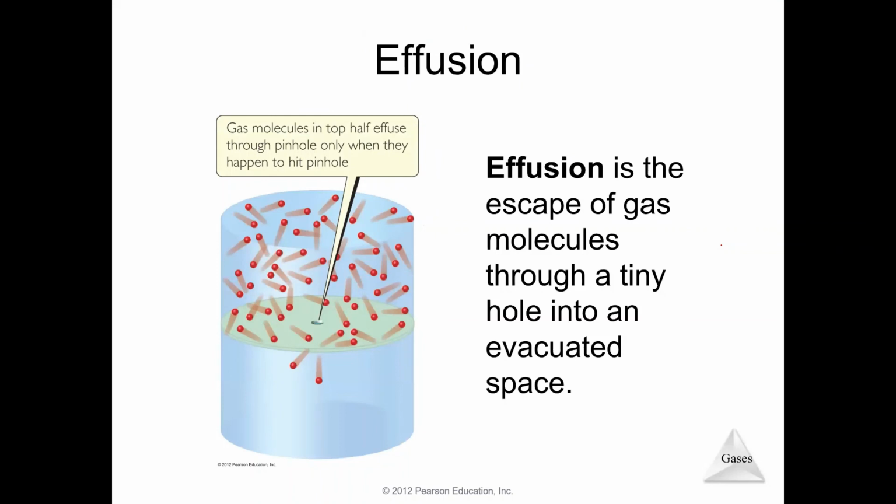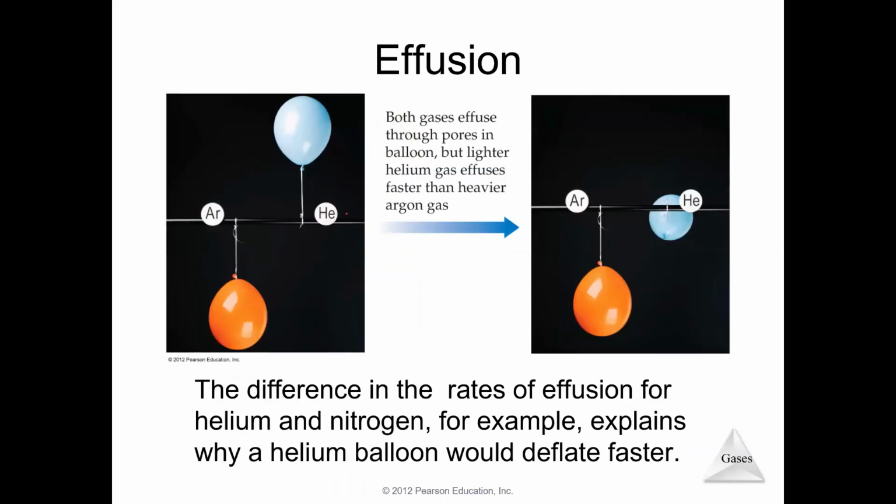All right. So that comes to the confusion of effusion and diffusion. You need to have a very small hole that gas can escape. Now the rate of escape, how fast the gas goes through, has something to do with the molar mass of that gas.